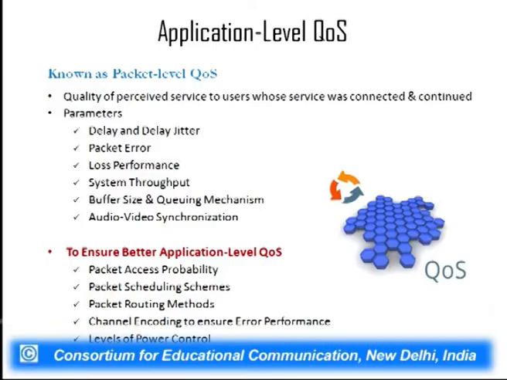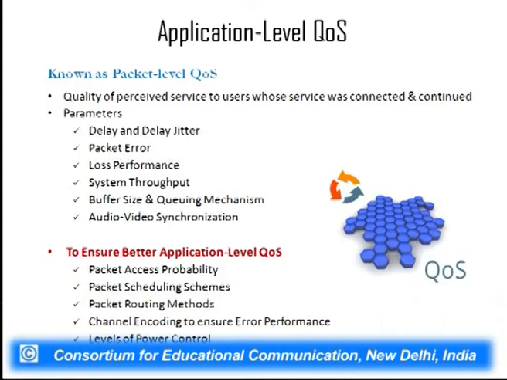Now, the application level quality of service. Say our call is connected and our ongoing call was carried out without any disturbances, without any noises. Now we are concerned for such a call that is connected and continued, what are the different parameters that specify its performance? It can be the delay, the jitter, any packet error, or some loss performance.